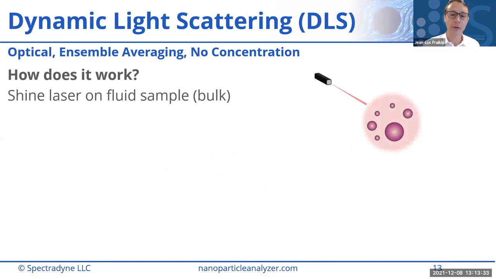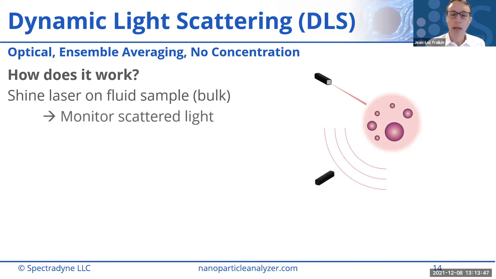Okay. So first, let's review, how does dynamic light scattering work? Essentially, you shine a laser onto the particles in a liquid sample. Remember, this is a bulk measurement, so the laser is hitting many particles at once. And while you do that, you monitor the scattered light that comes off the particles in the sample. Now, the particles are not standing still; they're not rigid in the liquid. They're diffusing and they're undergoing Brownian motion.